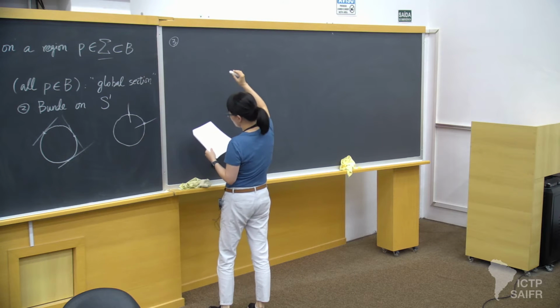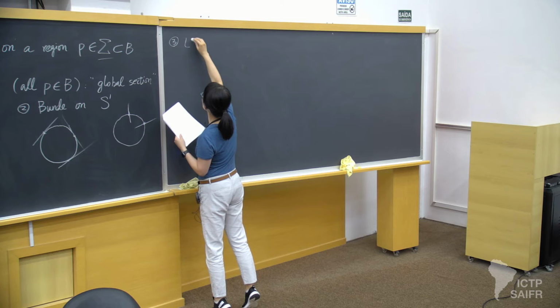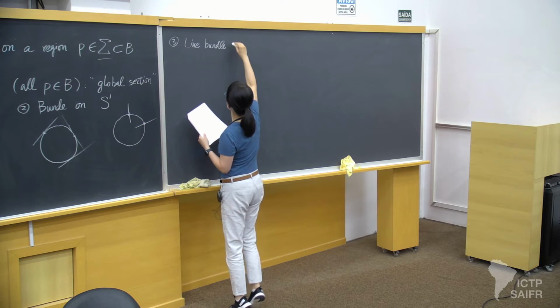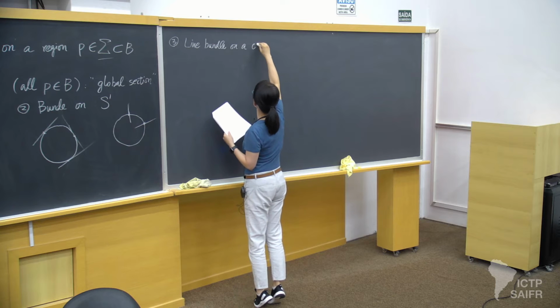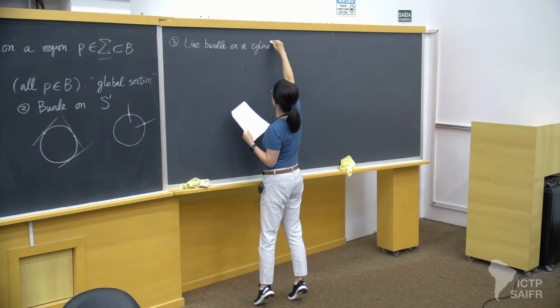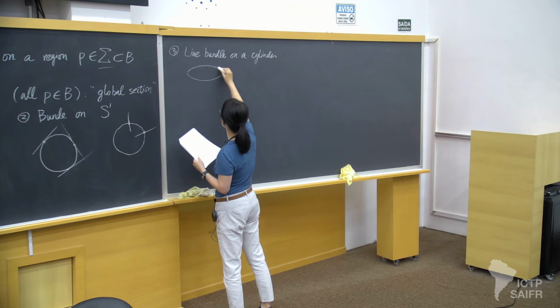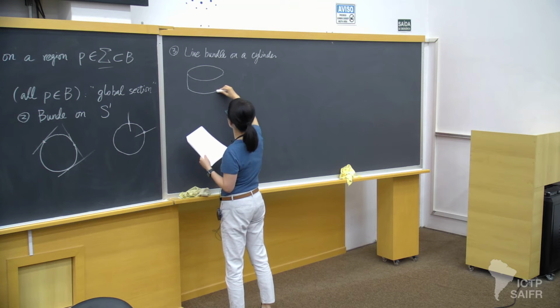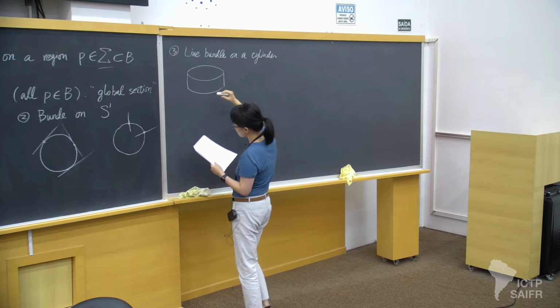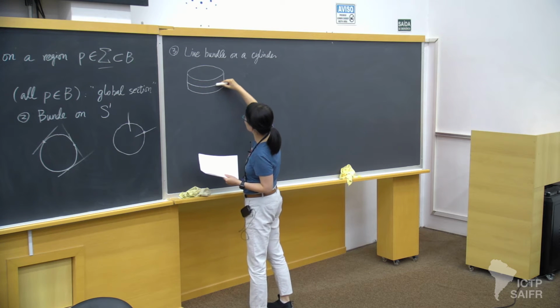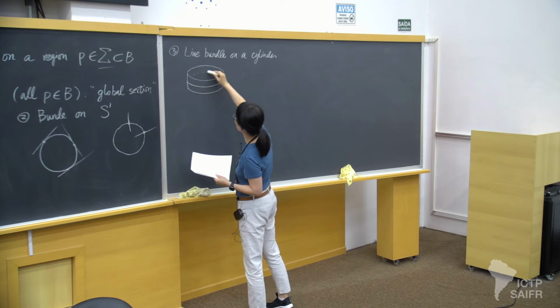I can also define a line bundle on a cylinder. So first, I draw a cylinder. And then I choose one circle on the cylinder.